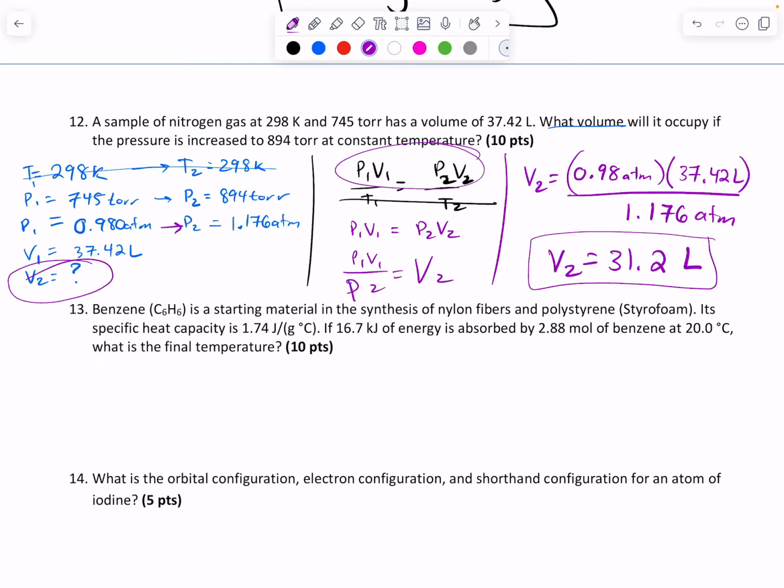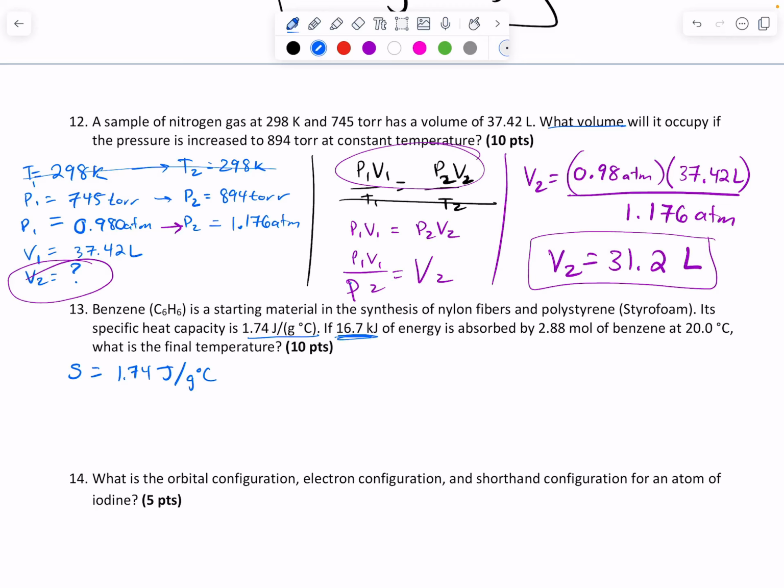All right, so there's a gas law problem. There's lots of different gas law problems you can be asked. Okay, now on to a specific heat or a heat capacity problem. We have benzene, and our specific heat capacity, so that is S, equals 1.74 joules per gram degrees Celsius.